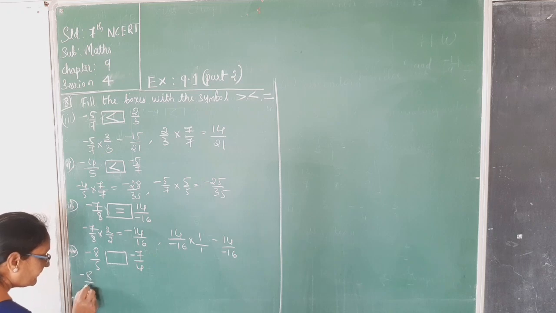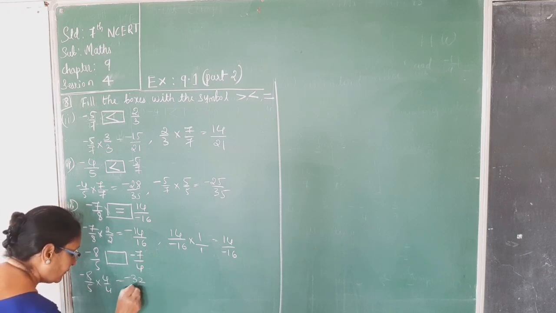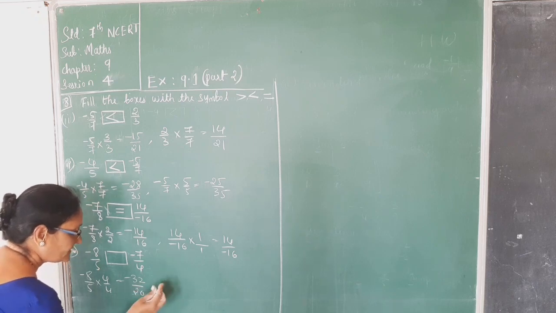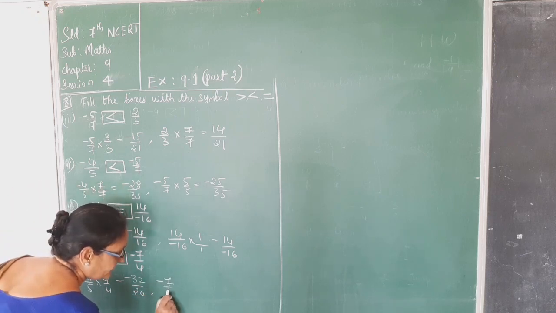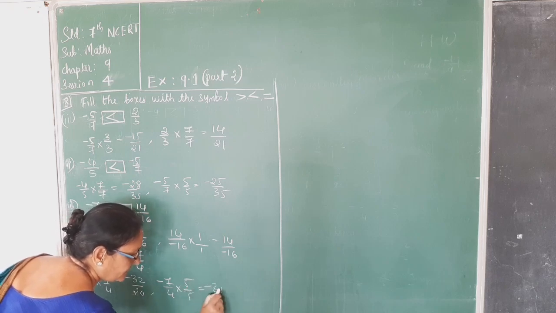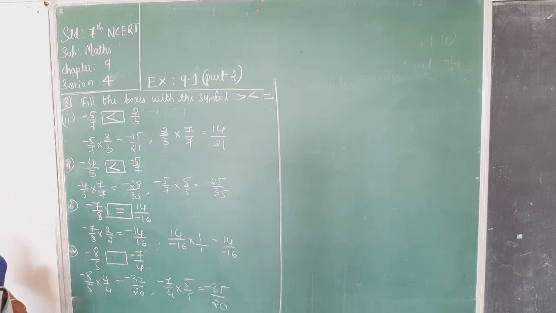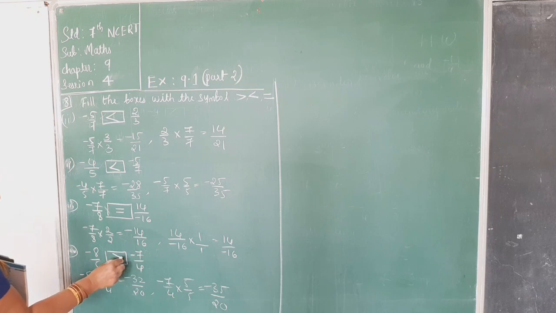Minus 8 by 5 into 4 by 4 is minus 32 by 20. The same way, minus 7 by 4 into 5 by 5 is minus 35 by 20. Minus 35, here it is minus 32. Which is greater here? This is greater.